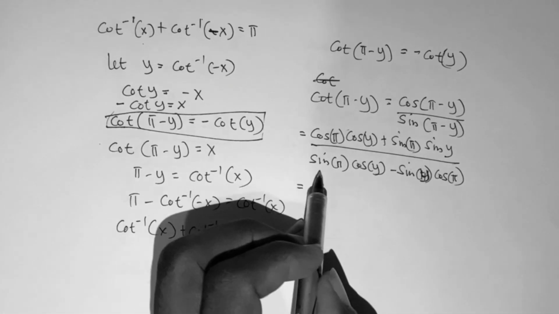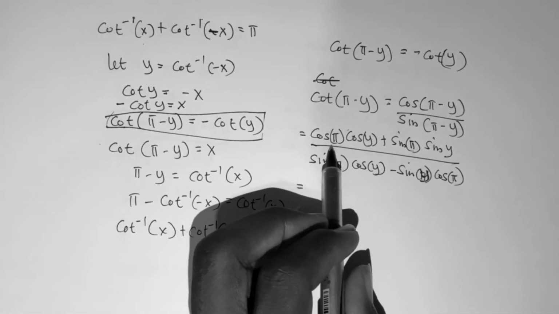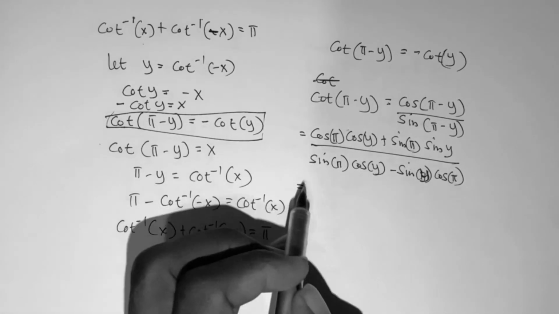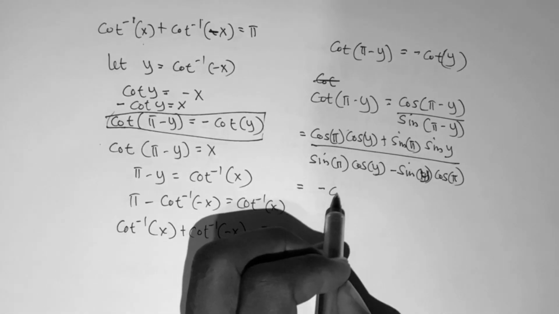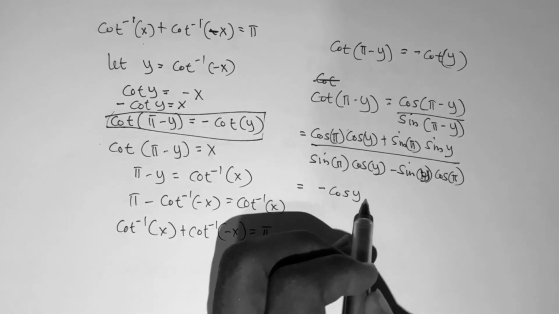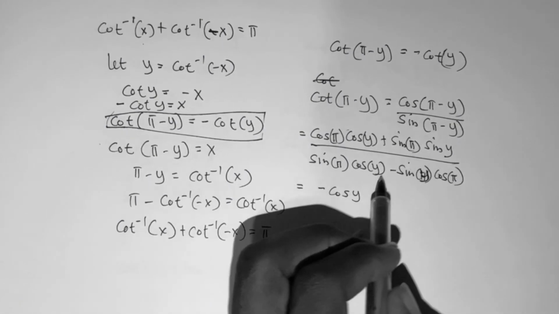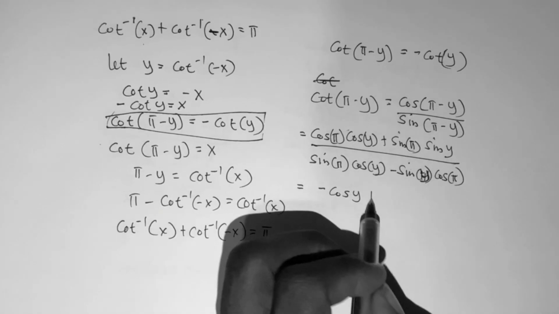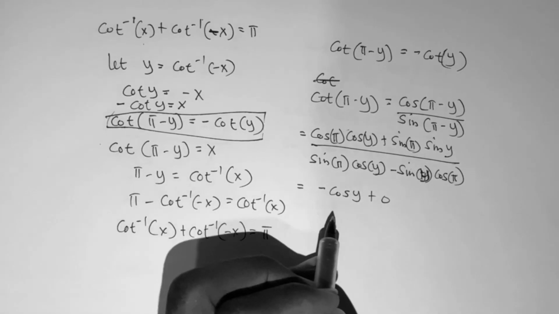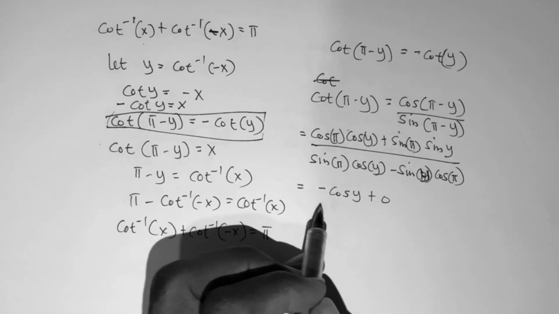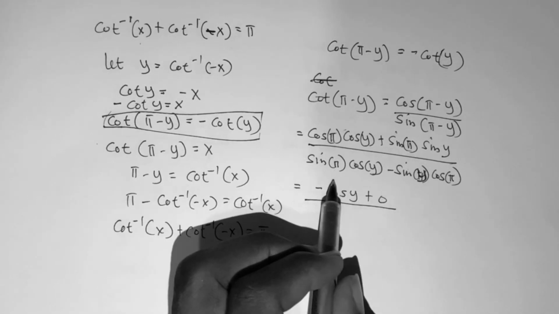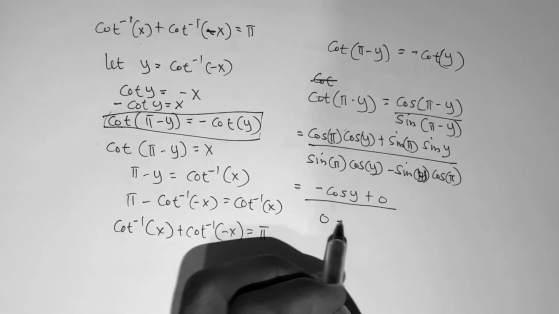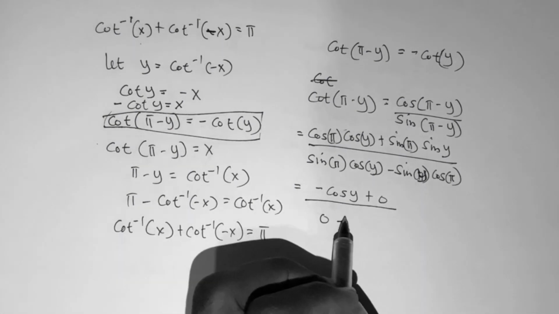So this is equal to, cos pi is the same as minus 1. So minus 1 times cos y becomes minus cos y. Then plus sine pi, which is the same as sine 180, which is 0. So plus 0. And then divided by sine pi, which is 0, so 0, then minus sine y times cos pi.